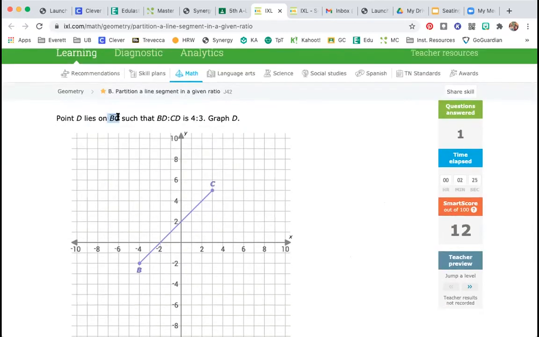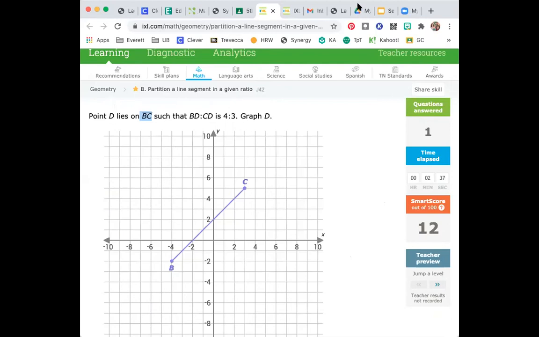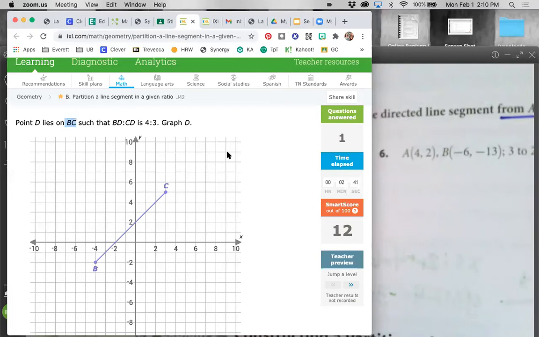All right, so another example. BC, this gives me the direction. B is my start, C is my end. And this fraction is going to become 4/7. Let me see if I can show 2 of these at one time. I'm getting fancy over here. Okay.